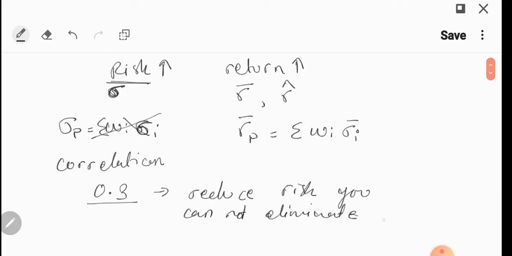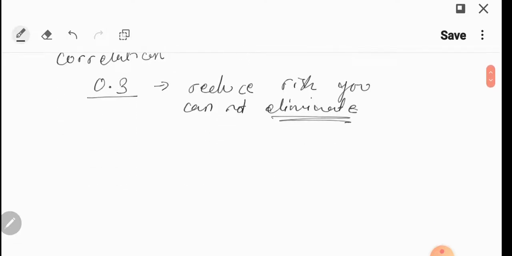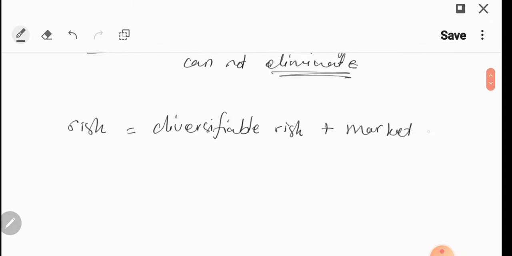So some part of the risk you can eliminate and some part you cannot eliminate. So basically your risk has two parts. One is the diversifiable risk, and the other is the market risk.